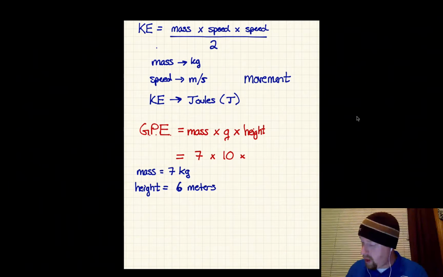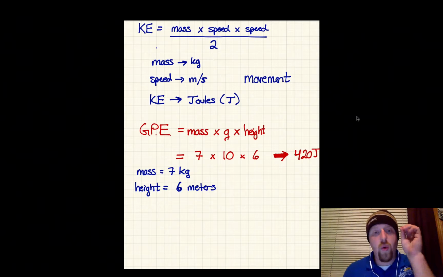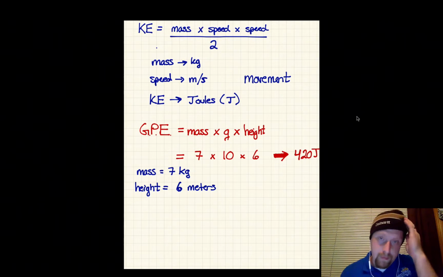If you do all of that math, you end up with 420 joules of energy. So this is how you find gravitational potential energy.